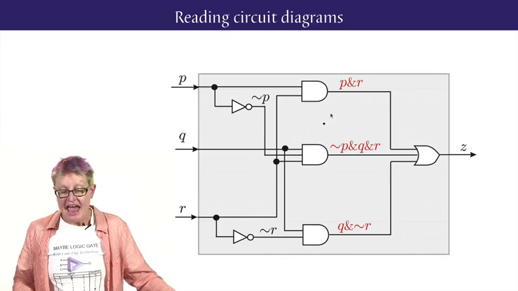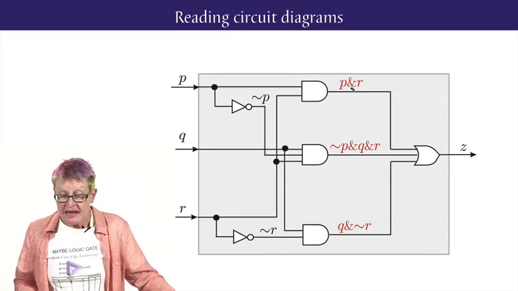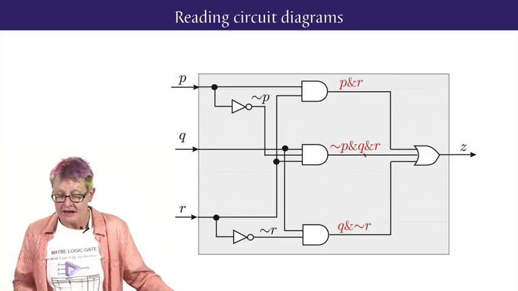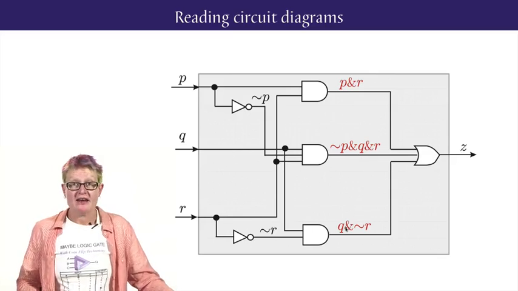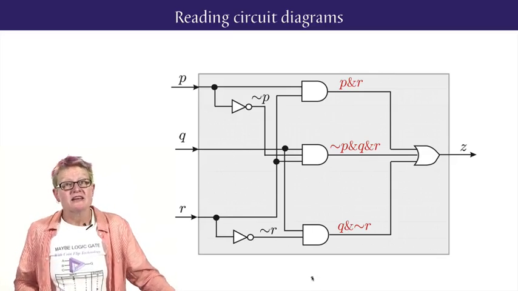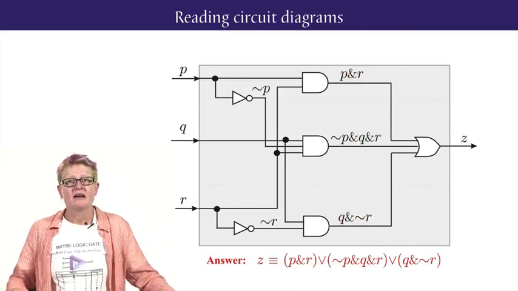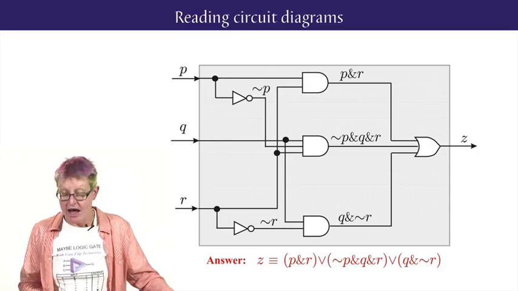Then coming out of the AND gates, we have from the top P and R, not P and Q and R, and finally Q and not R for the lower AND gate. These three conjunctions are fed into the final OR gate to give a disjunction of conjunctions that is equivalent to, or truth functionally the same as, the output Z.